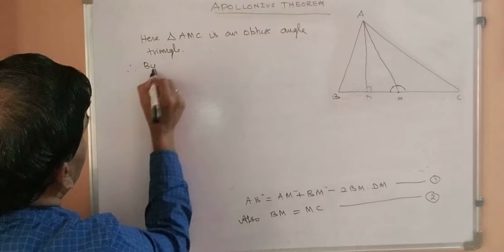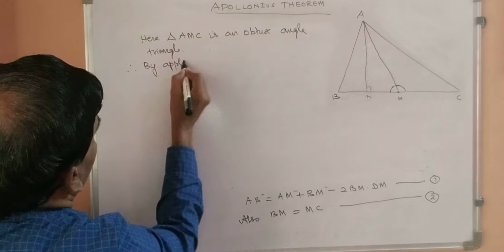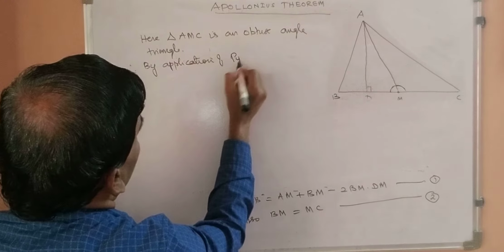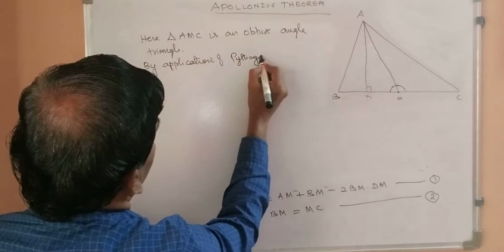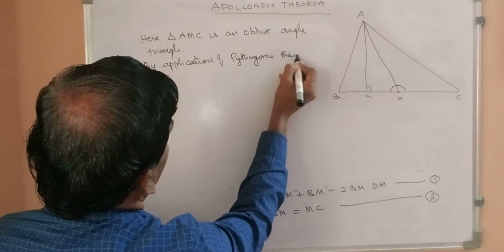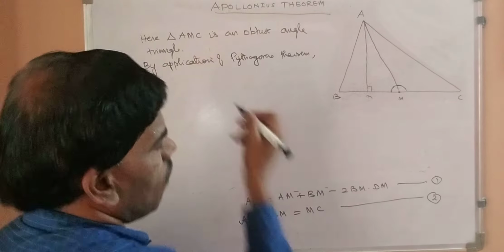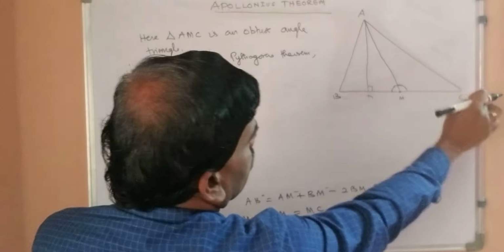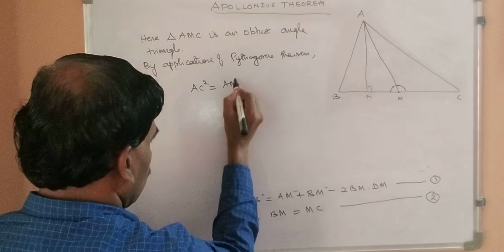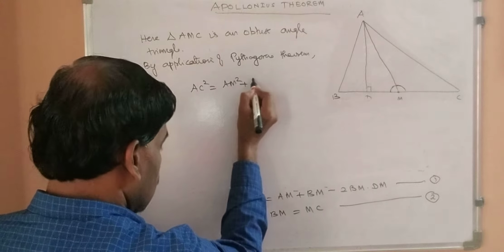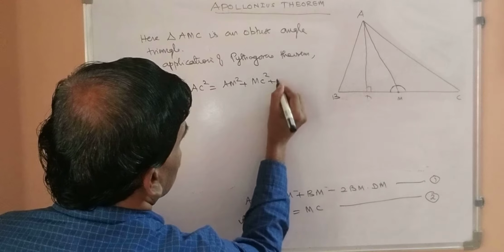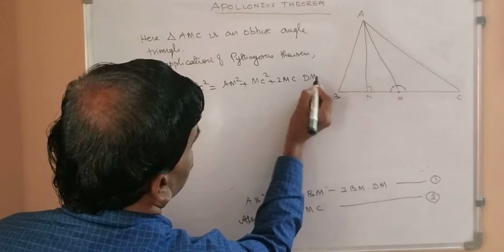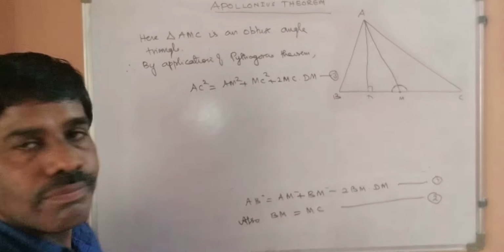Therefore, by application of Pythagoras theorem, what we will get? AC square equal to AM square plus MC square plus 2MC into DM. This is equation number 3.